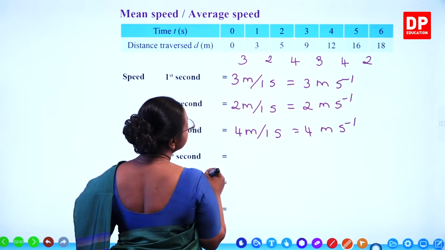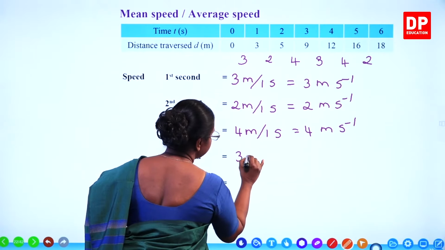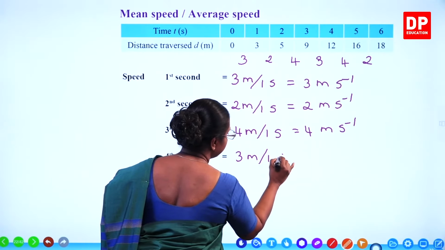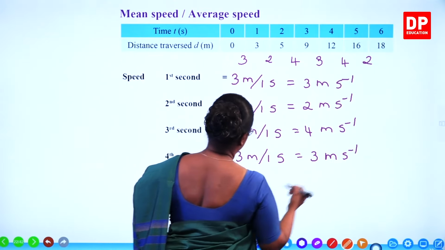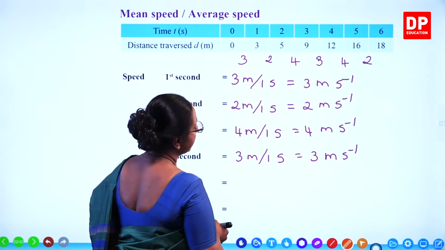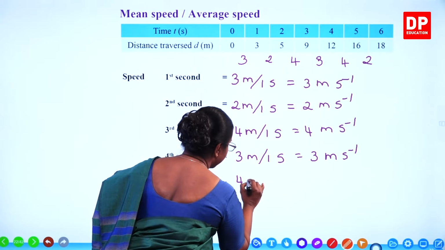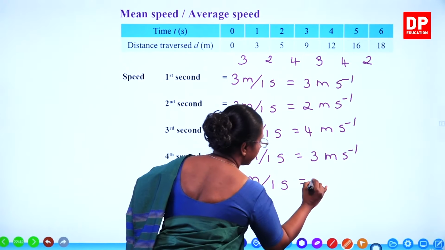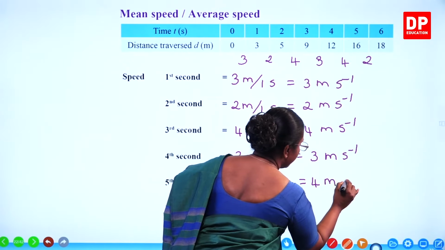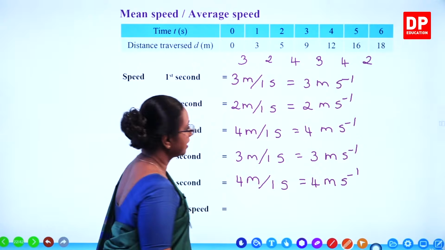Then the fourth second, the distance is 3 meters divided by 1 second, 3 meters per second. During the fifth second, the object has traveled again 4 meters divided by 1 second. The speed is 4 meters per second.